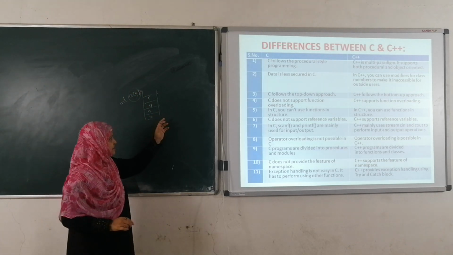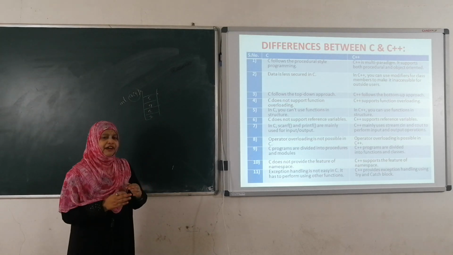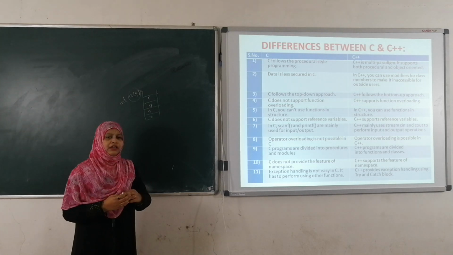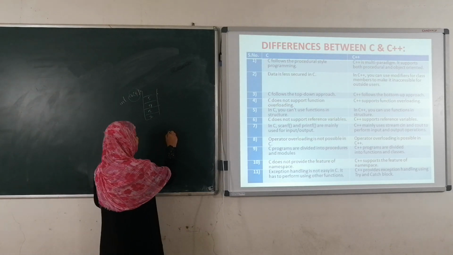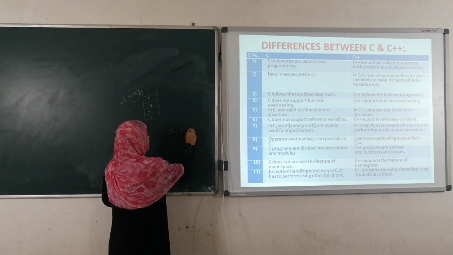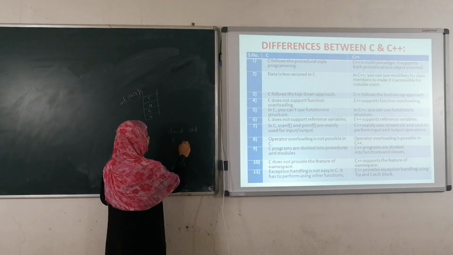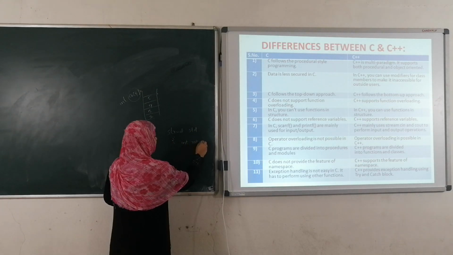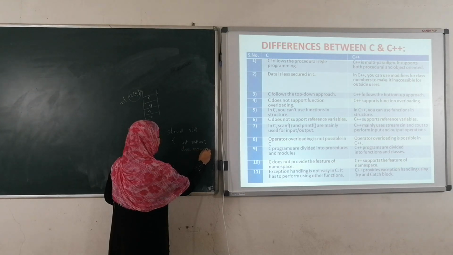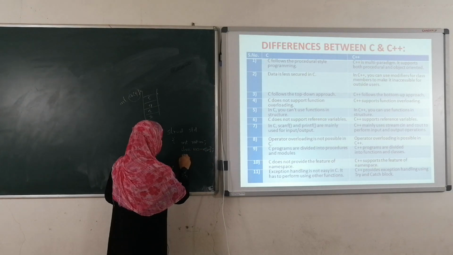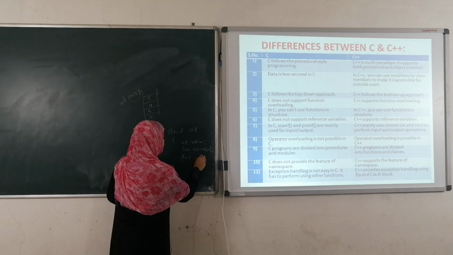If I want to store various types of data in a single variable, for example struct student, with int roll number, char name, and float average.